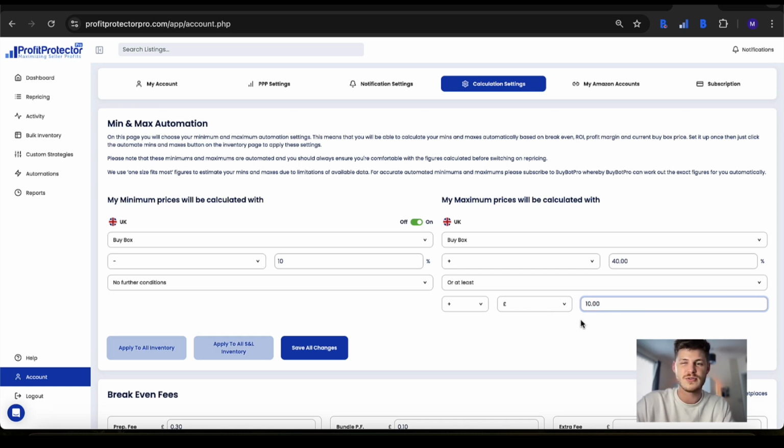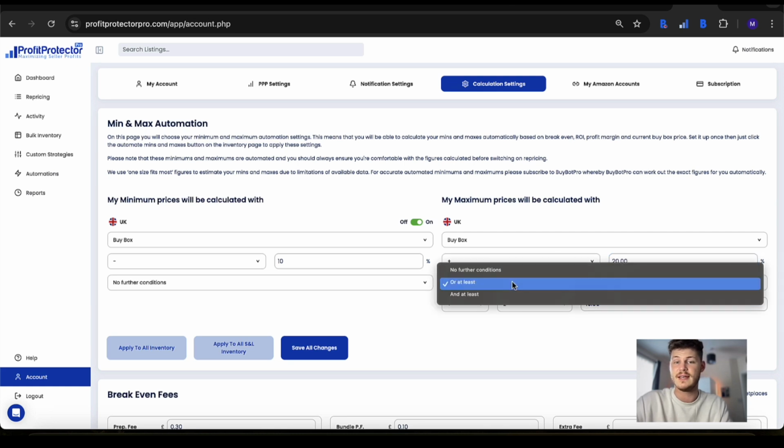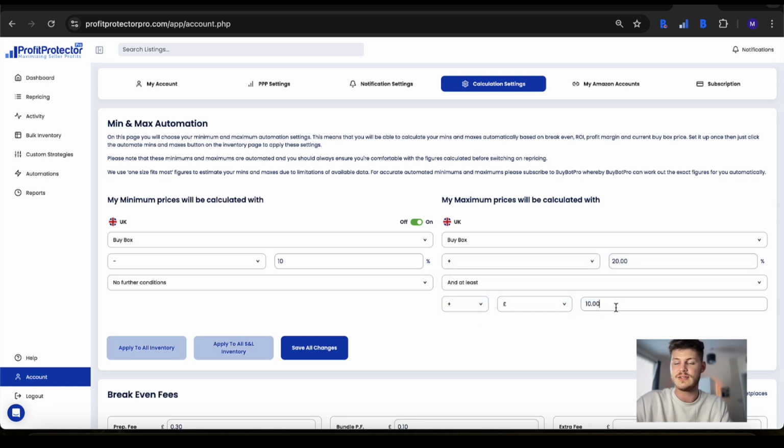I wouldn't go too far past this point, because then I think that would be pushing the boundary a little bit with Amazon. So you could have that set that way, or if you wanted to do a smaller percentage and then have an "at least", you could also do something like this, and that seems very feasible to me.